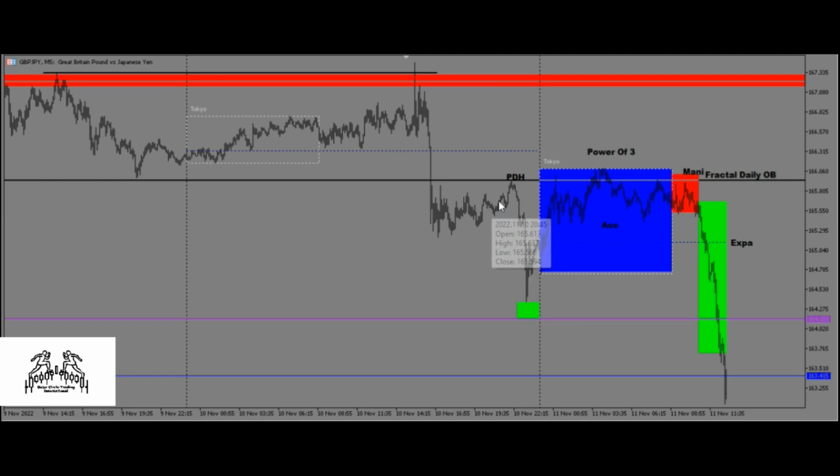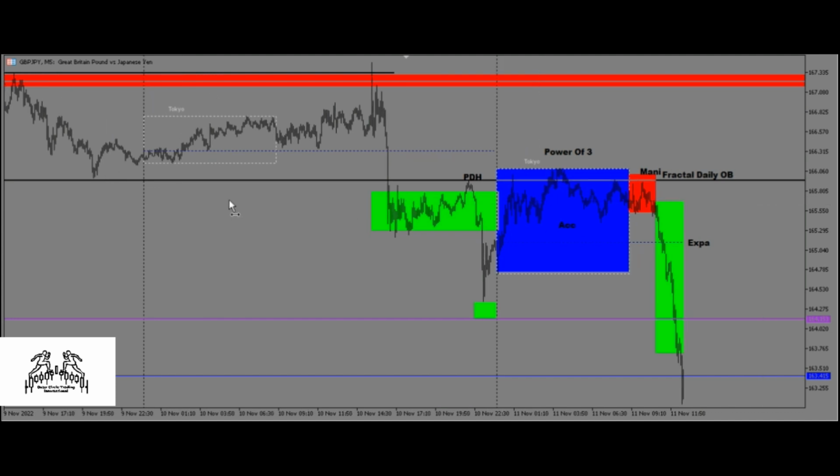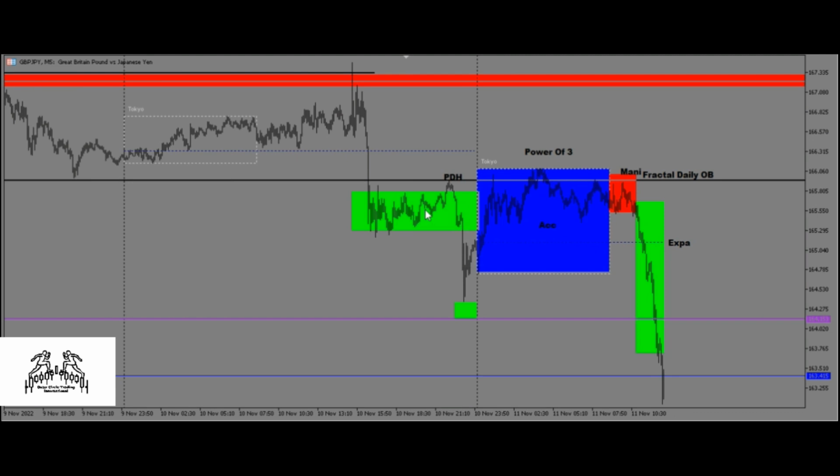I was expecting a distribution here, but I had already made my profit because I was only targeting 20 pips below the previous daily low. So I had made my profit, but I was anticipating the distribution to only occur here.